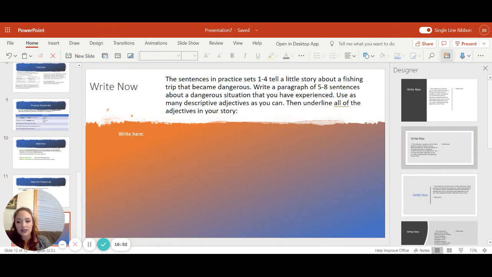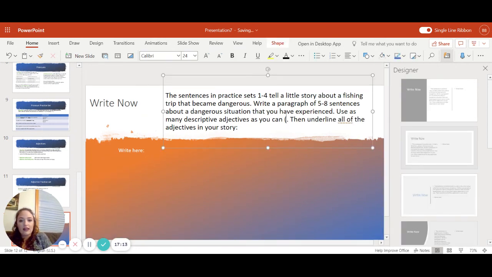So use a bunch of adjectives, describe those nouns, okay? And then underline all of the adjectives in your story. So I ask that you have at least, let's see, 10 adjectives in this. So I'm gonna modify this right now. At least 10 adjectives in your story.